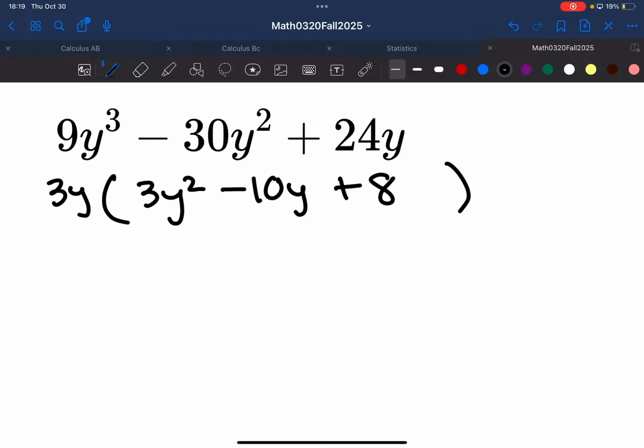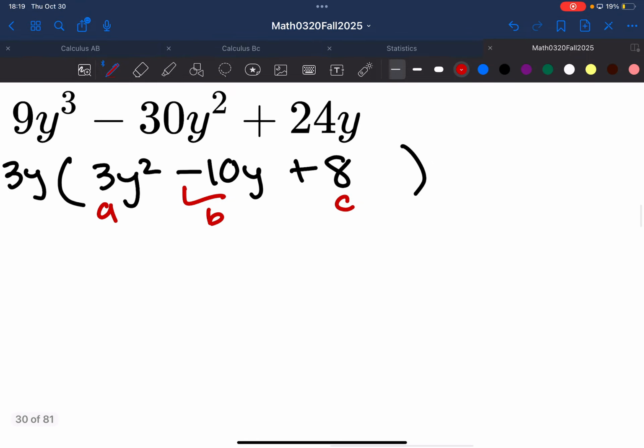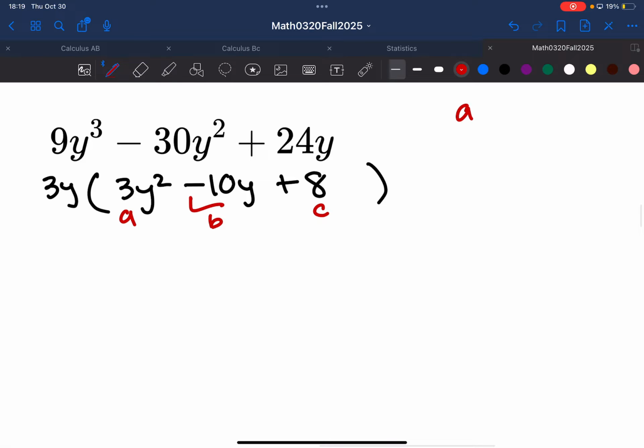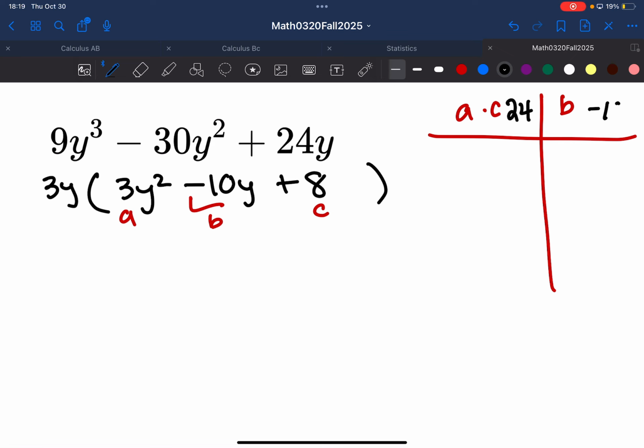Okay, and then from here, we're identifying our A, B, and C. Okay, remember I do that line to indicate we don't want to forget about that negative. Okay, and then we do A times C. Good. Yes, 24. So two numbers that multiply to 24 but add to negative 10.